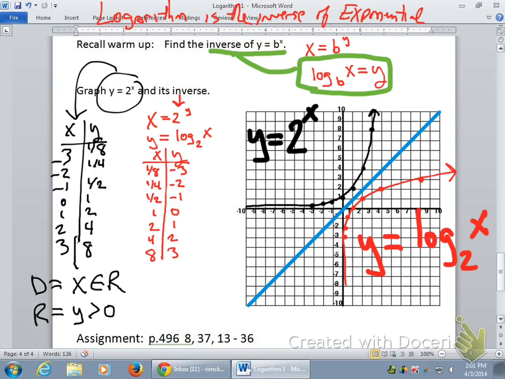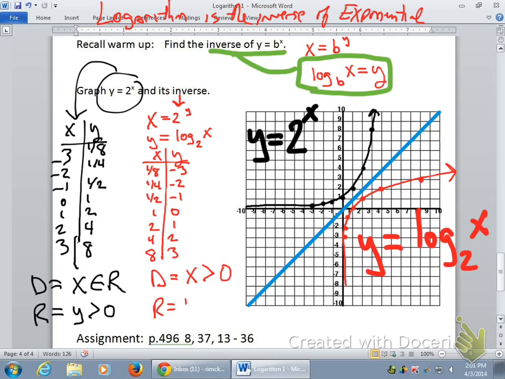Now look at your domain and range for your logarithm function. This is like a baseball. What kind of x's do you have for your logarithm? Yeah, only the numbers bigger than 0, because as you notice, it gets right close to 0, but it never actually touches it, does it?